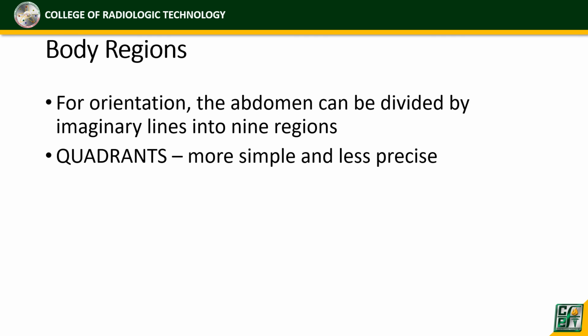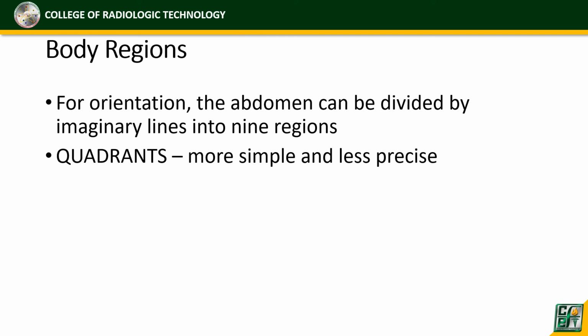Basically, the 4 quadrants are the right upper quadrant, the left upper quadrant, the right lower quadrant, and the left lower quadrant. That comprises the four quadrants of the abdomen: the RUQ, the LUQ, the RLQ, and the LLQ.